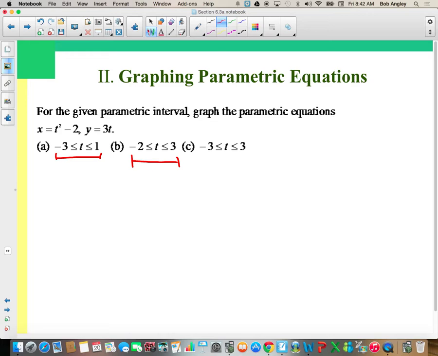We're taking off the first little part. In other words, this one starts at -2. This one started at -3. This one ended at 1. That one ended at 3. So we're going to have the same functions, but we're going to graph them for different t values. So that means the part of the graph we get is going to be different. All right, and then finally we'll graph this one.